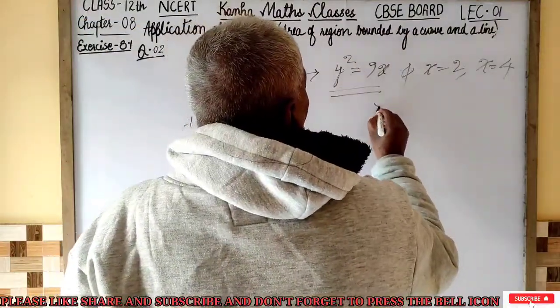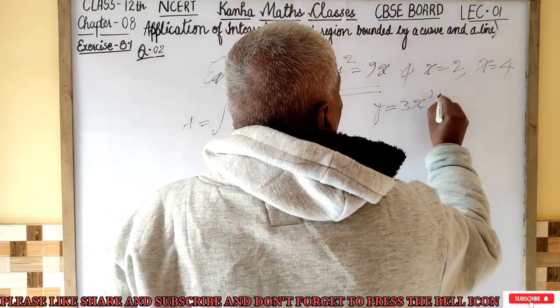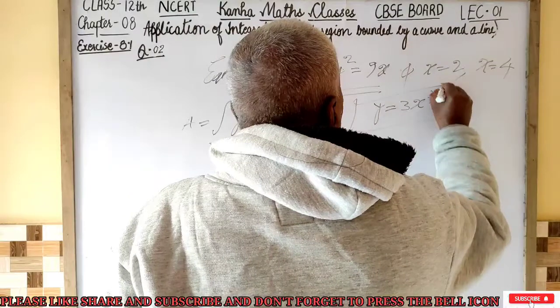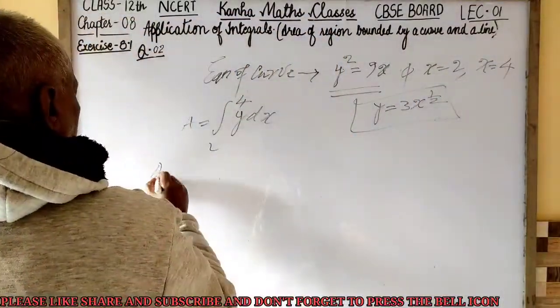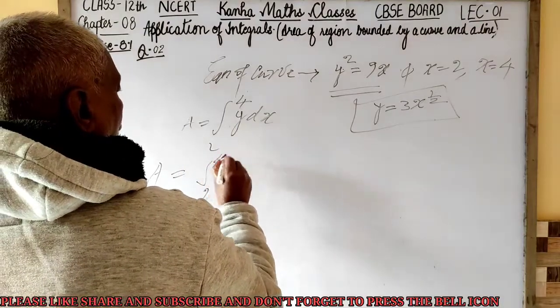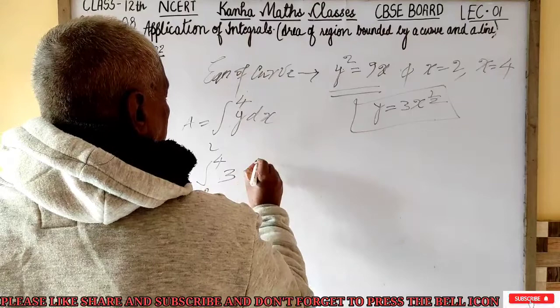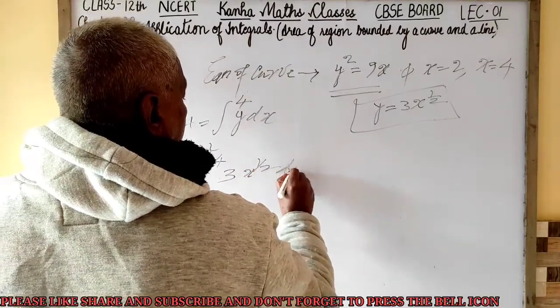From here y is equal to 3x to the power 1/2, and we introduce the limits 2 to 4. So y means 3x to the power 1/2 dx.